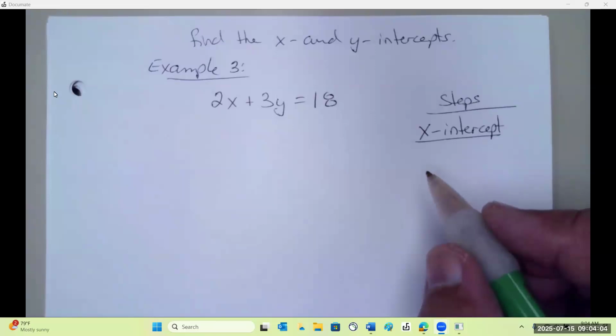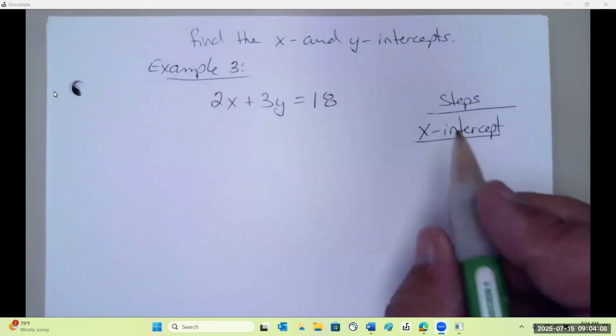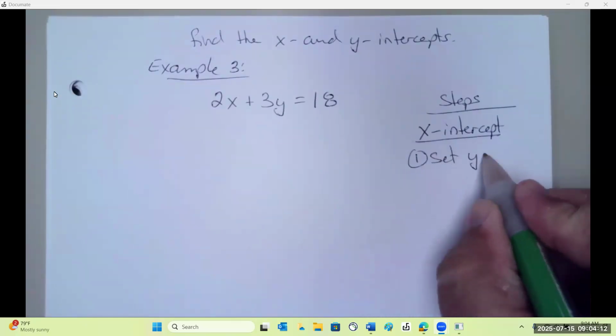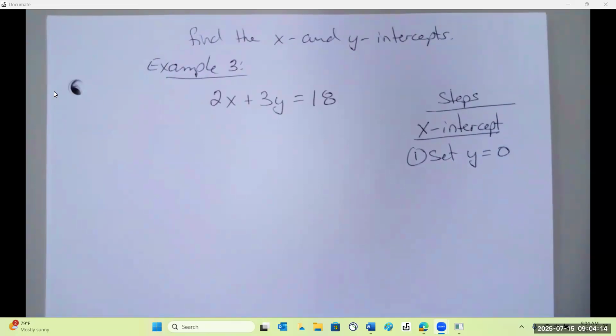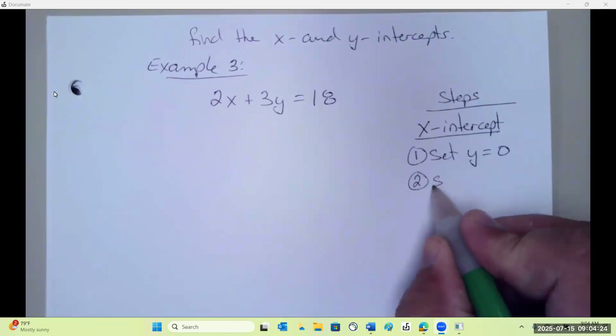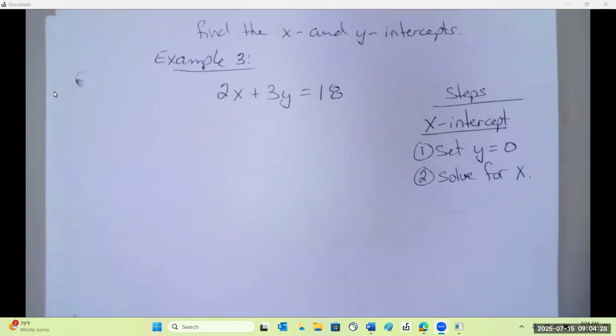What's the y value of the x-intercept? So your first step is set y equal to 0. The x-intercept is where the line crosses the x-axis. There is no y value. Then the second step is solve for x.